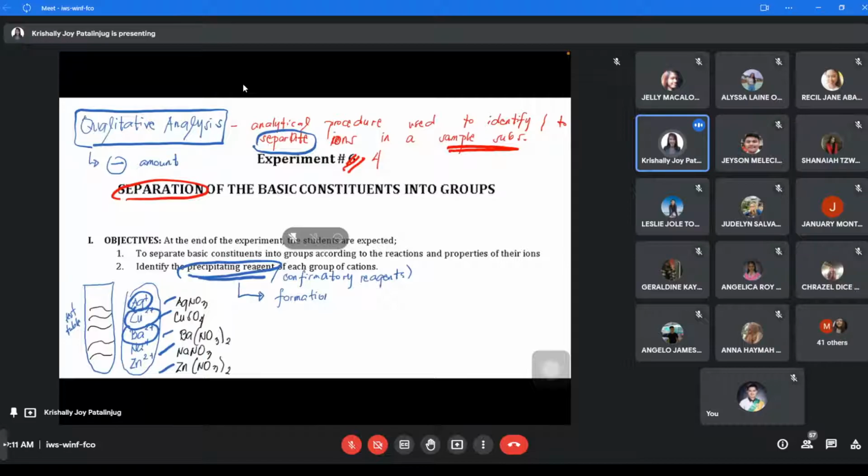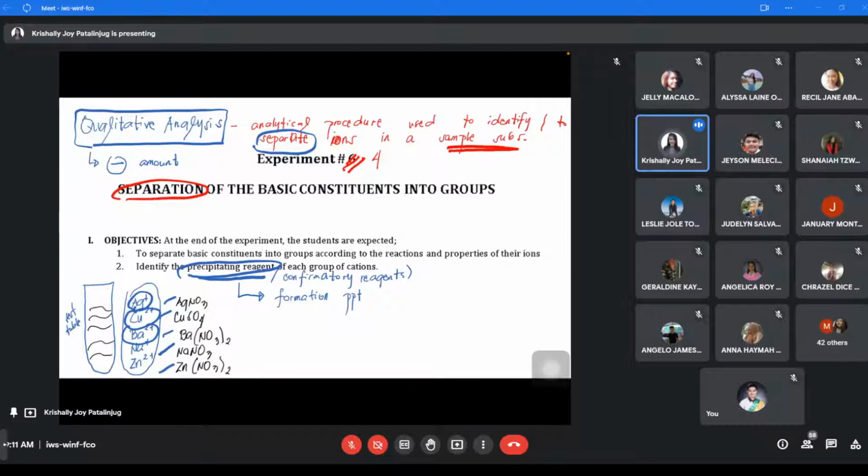Right? Obvious naman, it is a precipitating agent. So when it is added to a sample, that ion of interest that it wants to separate will form a precipitate.